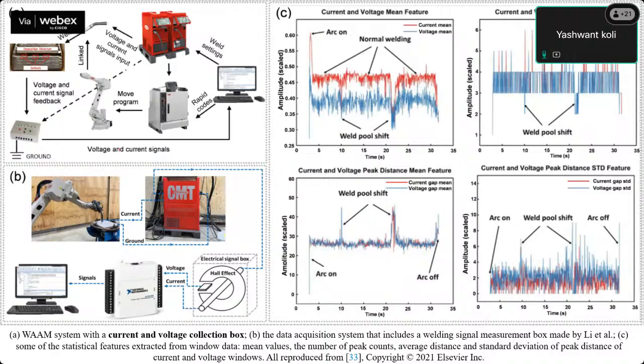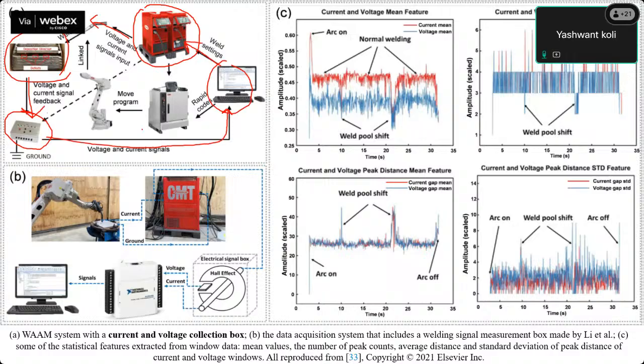We can capture oscilloscope signals with CMT. You can see here, this is the CMT welding power source, and there's the welding torch. This is the actual process. There's the voltage and current signal feedback. So this is the main part. This feedback gives the information to the computer, and the computer again changes the weld settings.